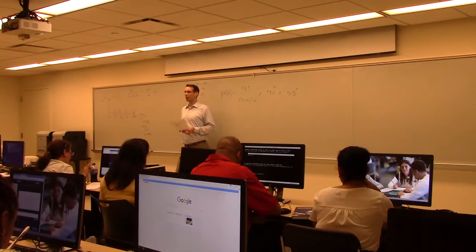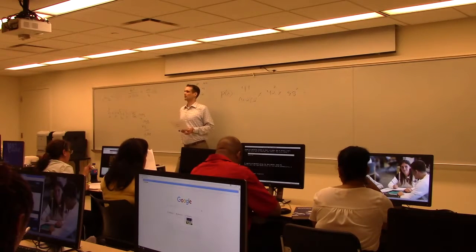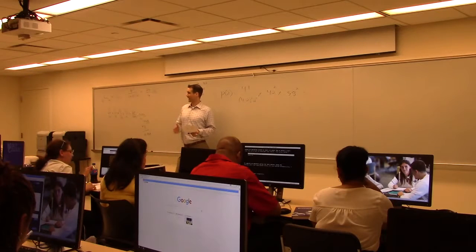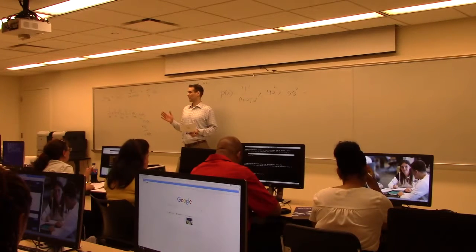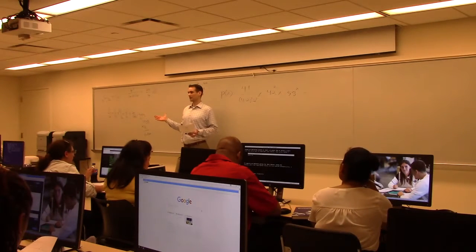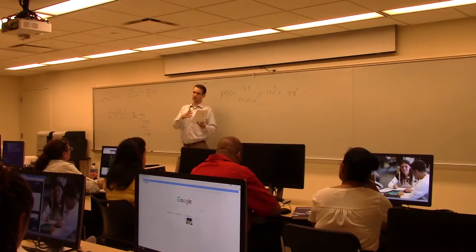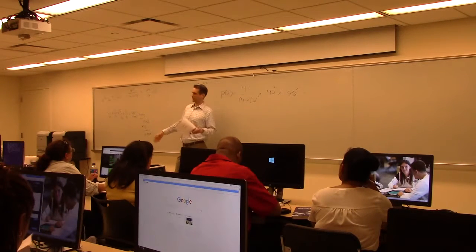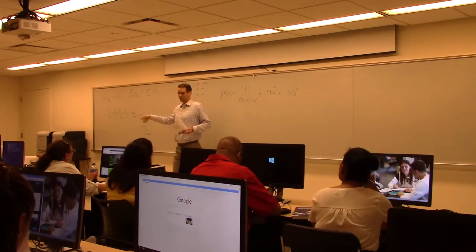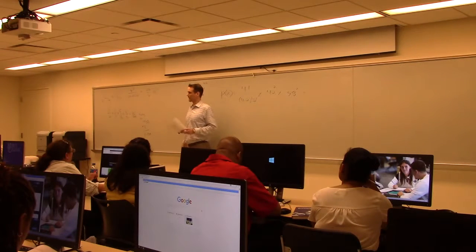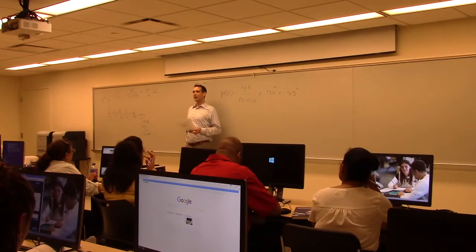The first thing I need to know is how many different ways this could happen. I could get heads the first 8 times in a row, and then the next 12 times I get tails. Right, you get heads the first time, the third time, the fourth time, the 12th, 13th, 14th, as long as it adds up to 8. How many different combinations of 8 of 20 things total are there?